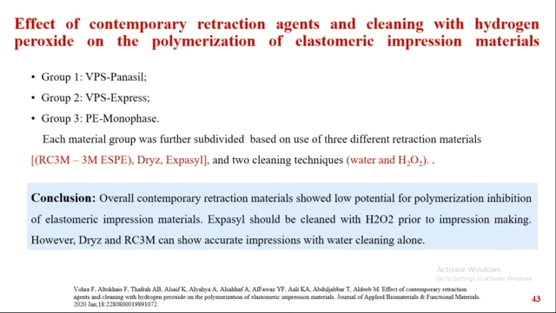The study concluded that all the retraction materials used showed low potential for polymerization inhibition of the elastomeric impression material. Also, the study recommended that Expasyl should be cleaned using hydrogen peroxide prior to impression making, whereas Dryz and 3M ESPE can be cleaned with water prior to impression making.